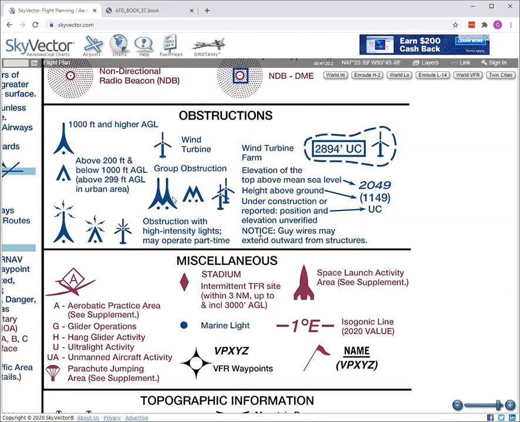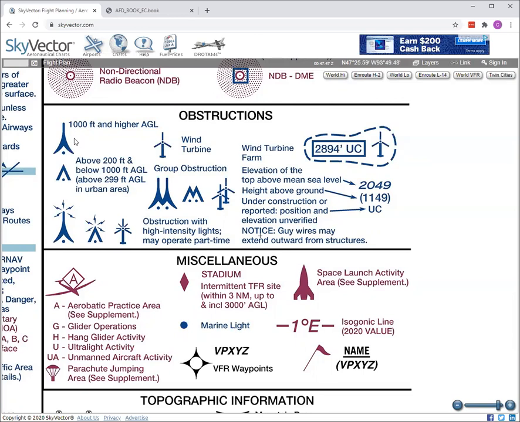All of these are going to be AGL, and that's just helpful for not messing with whatever your calibrated altitude is for pressure. This gives you a solid AGL reading, and that's just so you don't run into them. So if you're 100 feet off the ground and this is a 1,000-foot tower, you're going to run into it. So pretty straightforward.